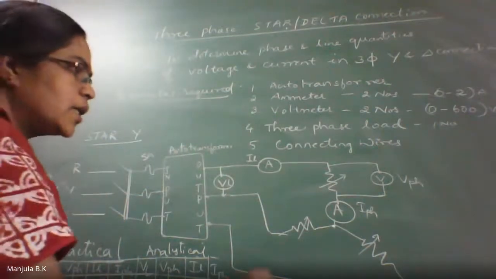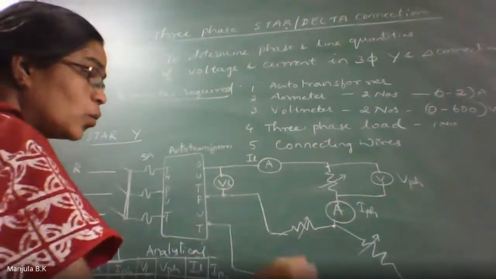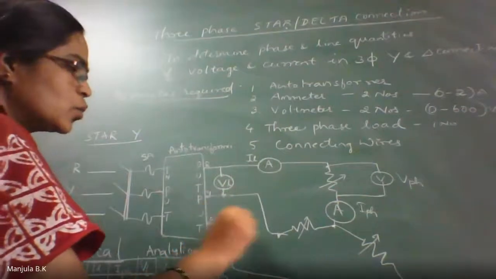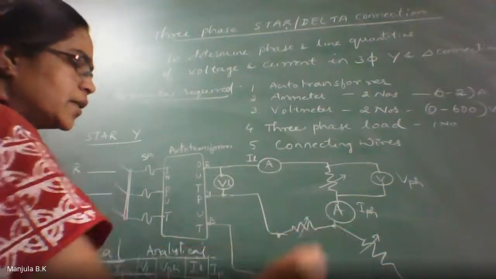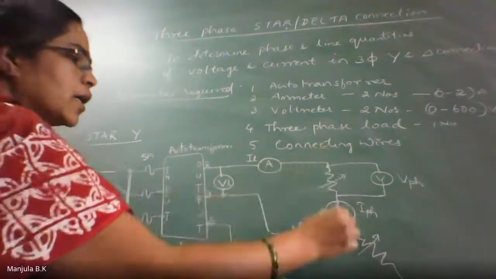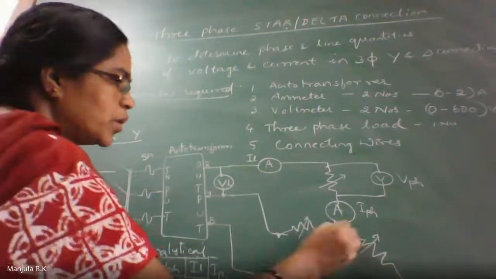So R is here, Y will be here, Y dash is connected here, B is here and B dash is connected here.